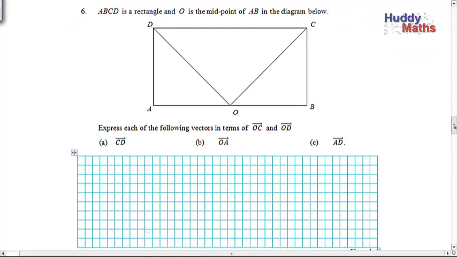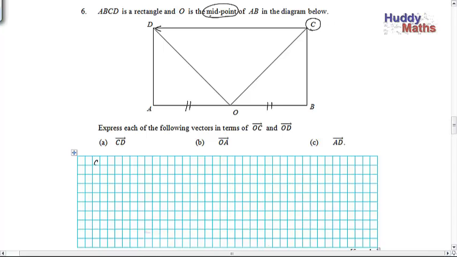Question 6. ABCD is a rectangle and O is the midpoint of AB in the diagram below. So first thing you do, because that's given information, mark it on your diagram. Express each of the following vectors in terms of OC and OD. CD. Now CD is going from C to D, like that.